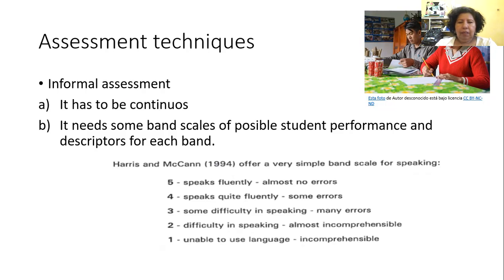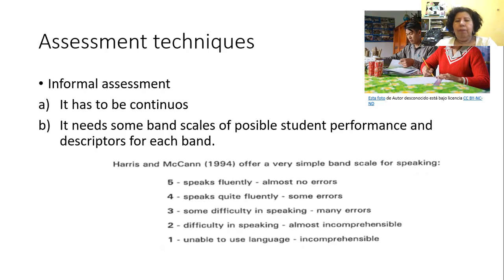And we can here appreciate that it goes from 5 to number 1, where the number 5 is the most important grade, which weighs 5. And the number 1 is that it's incomprehensible, okay?